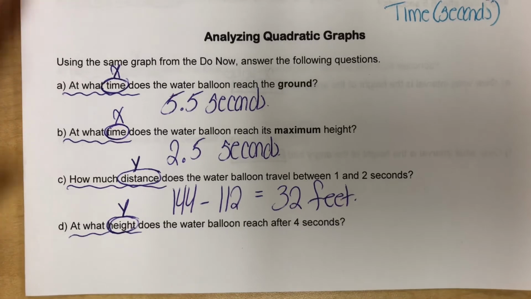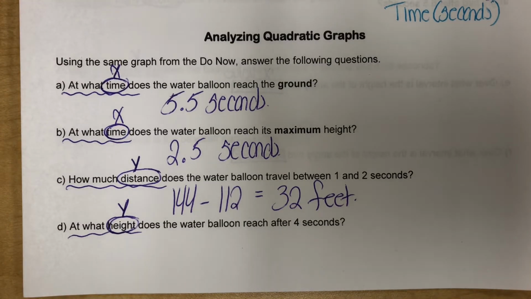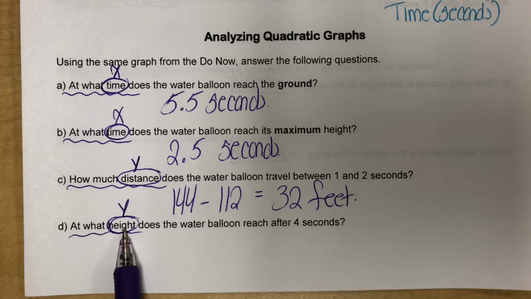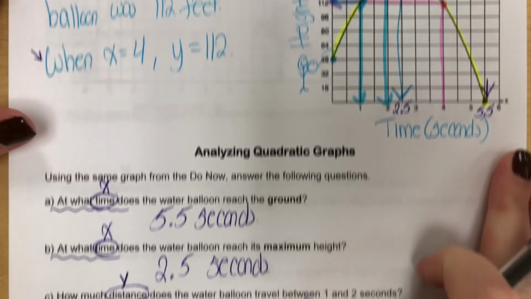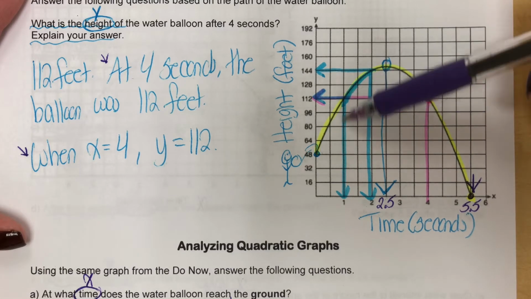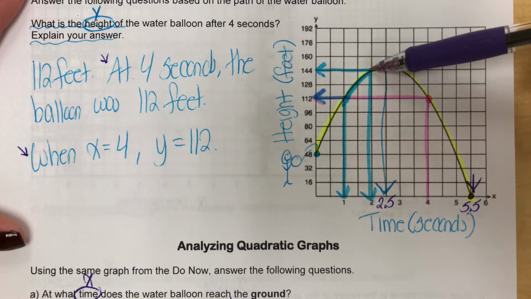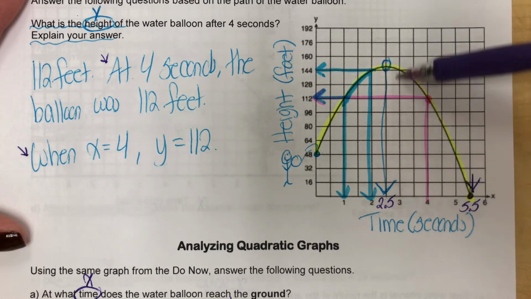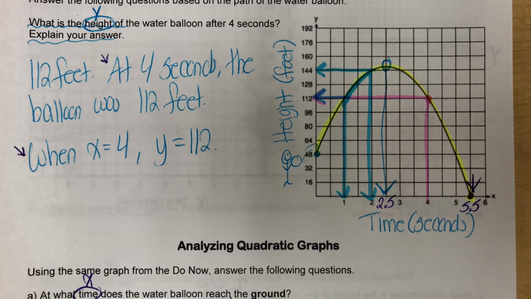All right, and then part D, again, it says at what height? Height is a y value. So at what height does the water balloon reach after 4 seconds? Well, I can see, again, just looking at my graph, this is how high it was after 1 second. This is how high it was after 2 seconds. This would have been after 3 seconds. I want to see at 4 seconds. So I'm just going to go back, and I'm going to highlight that out.